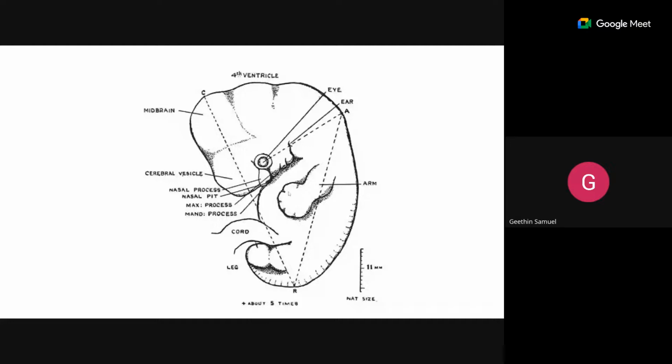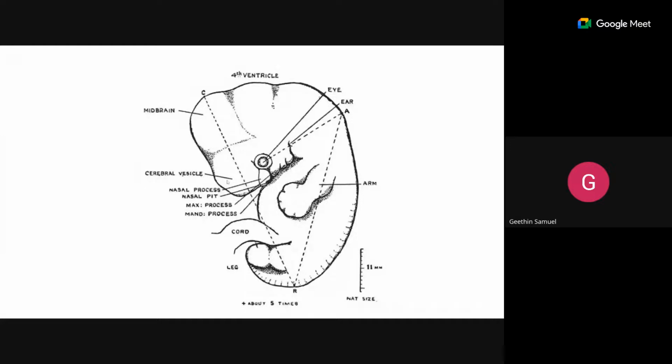You can see the digital rays, the constriction of the wrist. Later, in this area, you will have another constriction for the elbow. At the same time, the lower limb bud has developed only a little bit of constriction at the ankle joint. No digital rays. So there is a little delay between the upper limb bud and the lower limb bud.